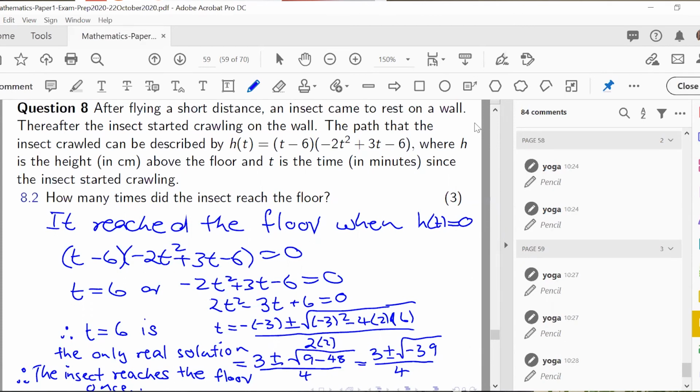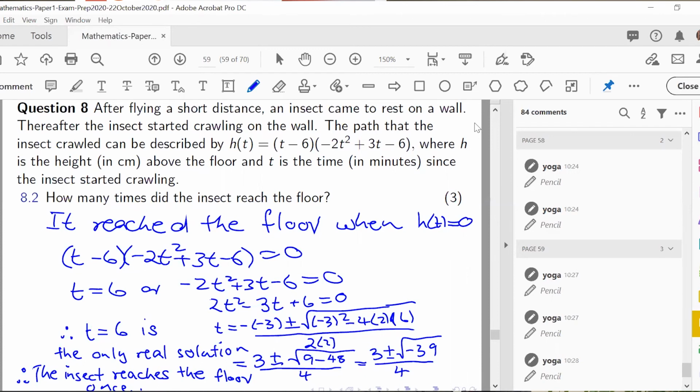How many times did the insect reach the floor? Well, it will reach the floor when h(t) is equal to 0, which means we're going to solve that cubic equation, which has been nicely factorized for us.